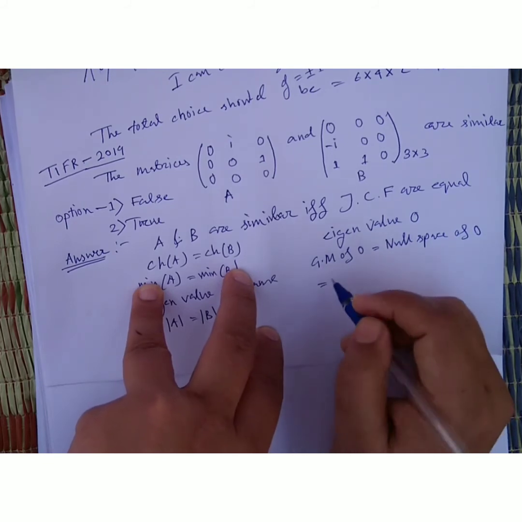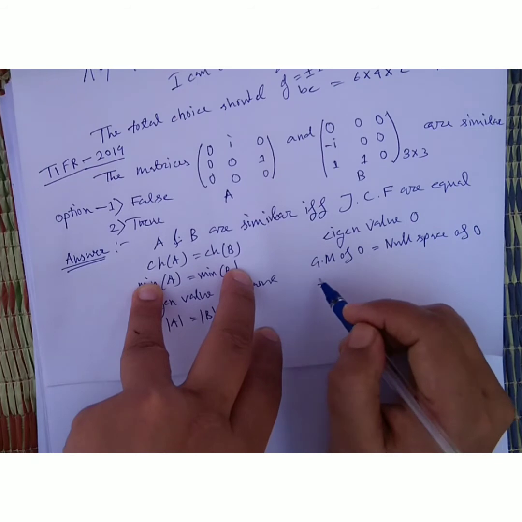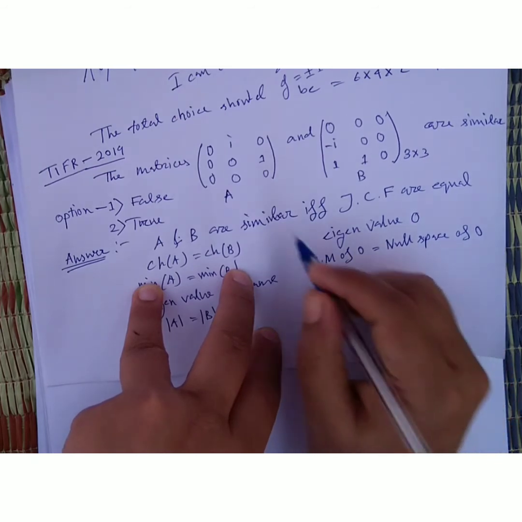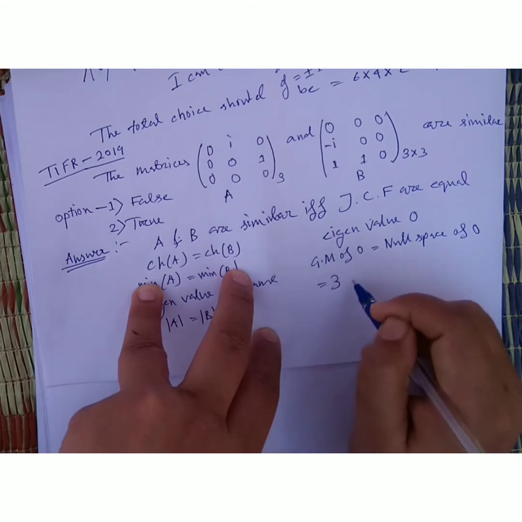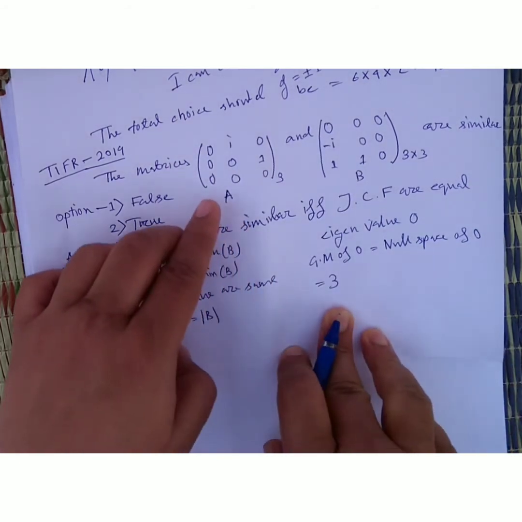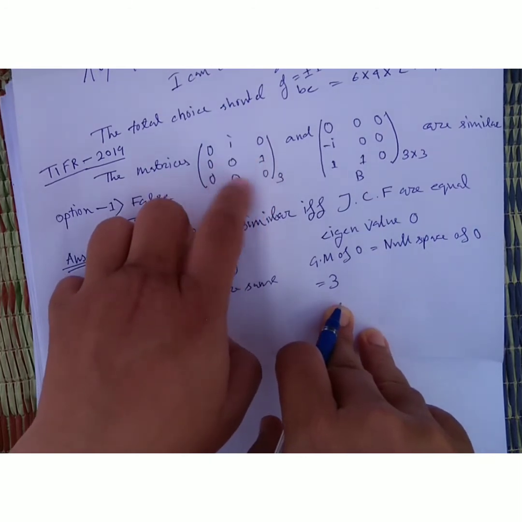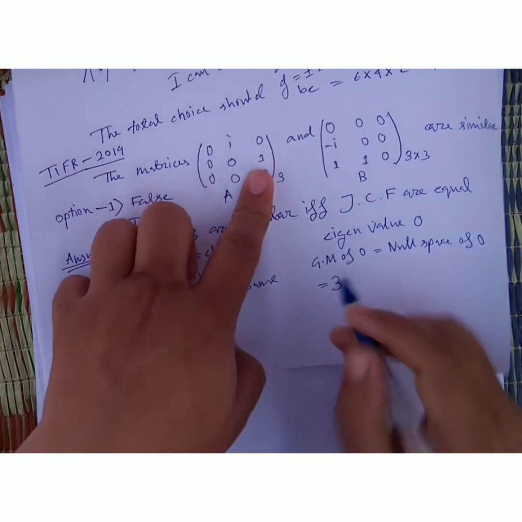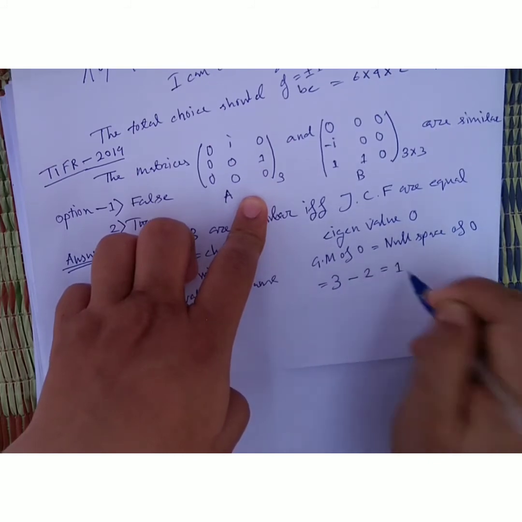When I subtract this, n is 3, and the rank is 2, so the nullity is 1.